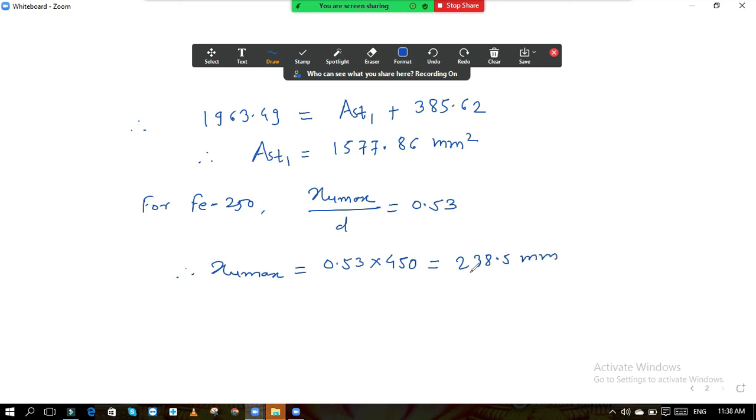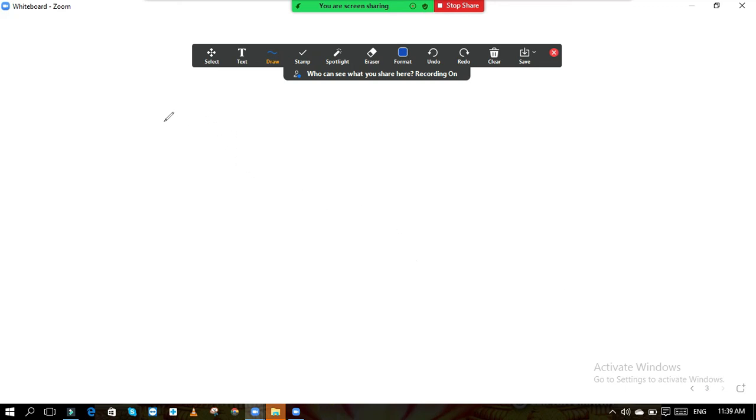Now we need to compare this Xu max with Xu, so that we come to know whether the section is under-reinforced, balanced or over-reinforced. Xu max is 238.5. Again, equate Cu1 equal to Tu1, so that we can calculate Xu. What is the value of Cu1?